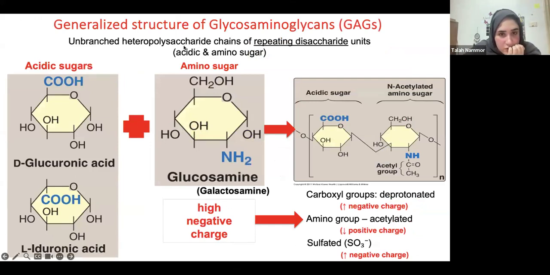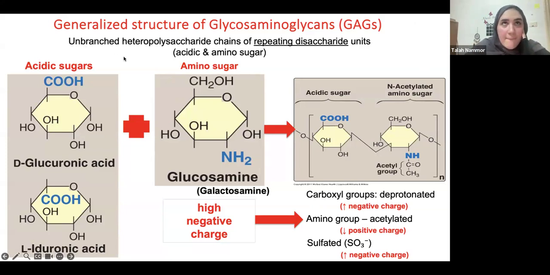Now, we said that the structure is highly negative. Why are glycosaminoglycans very negative? Basically, the carboxyl groups inside the polysaccharide. Think of it: it's a polysaccharide, and when we talked about carbohydrates, we did not say that polysaccharides are negatively charged, because they're neutral.